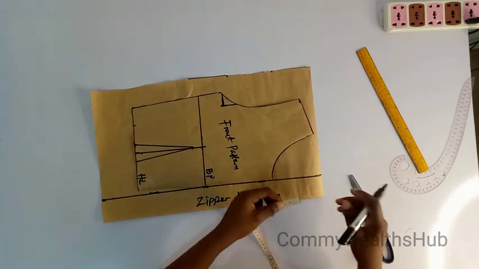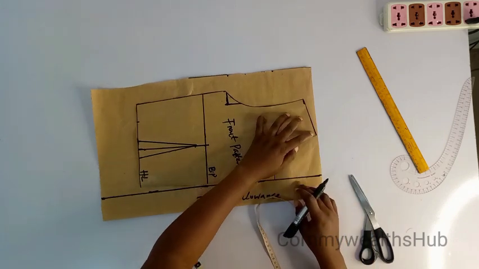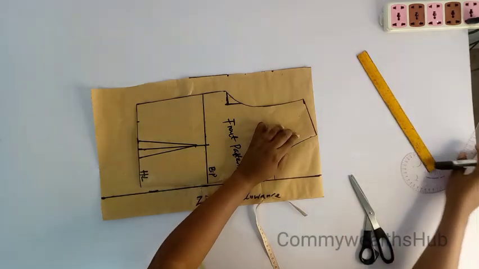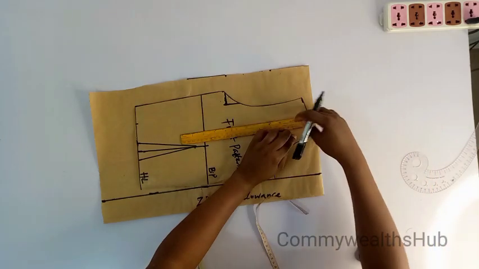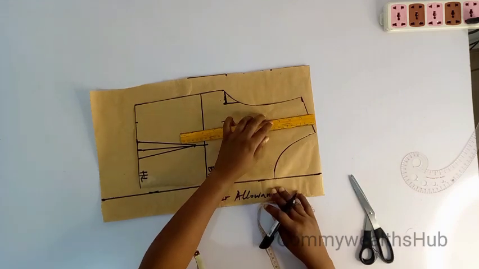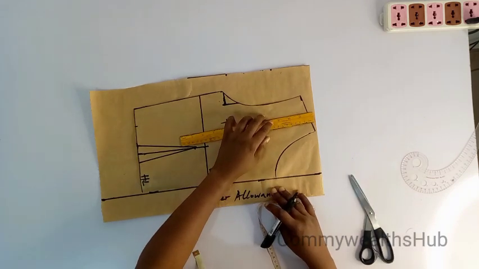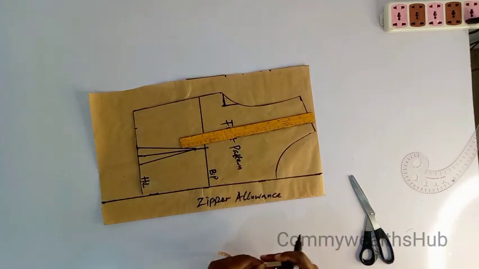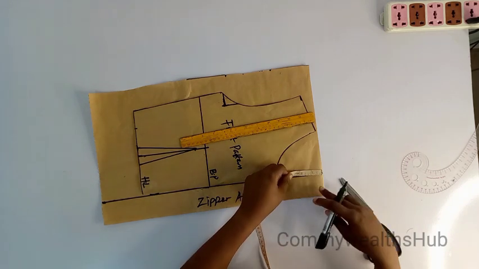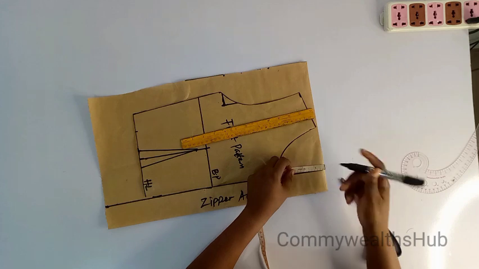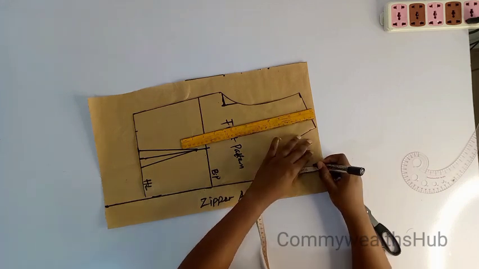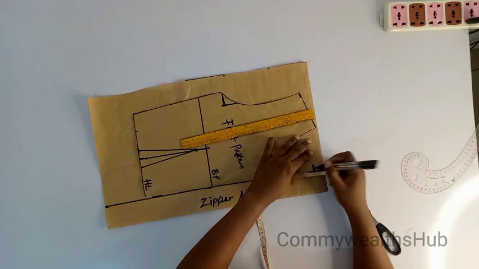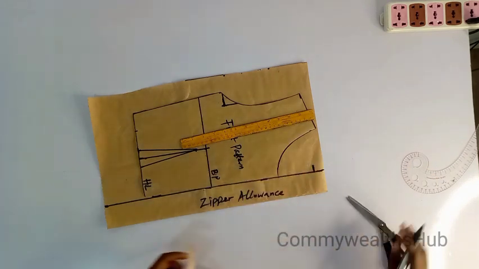So for the depth of our neckline, since this is our starting point, let me just place my ruler there so that it can be stable. Since this is our starting point, I will just go ahead and measure 1 inch here. I'm making use of a high neckline, 1 inch at this point.